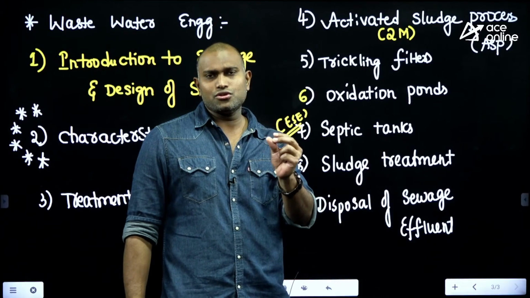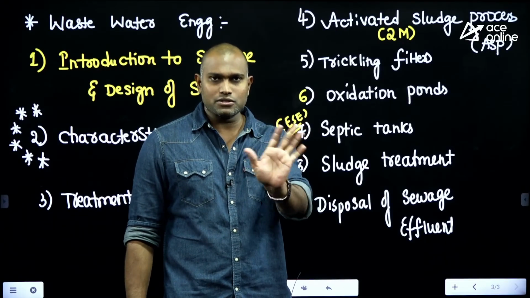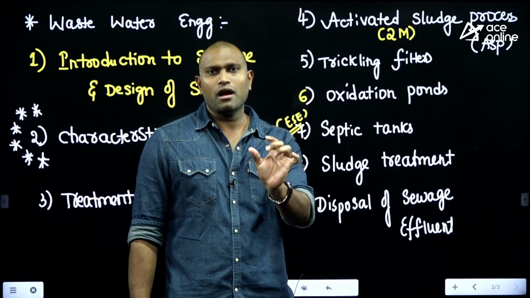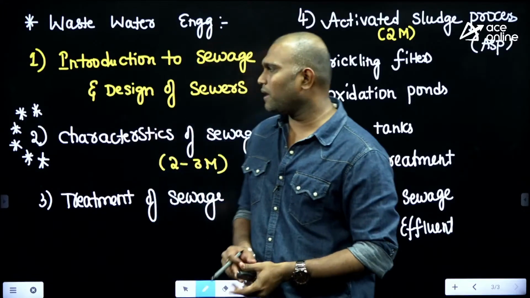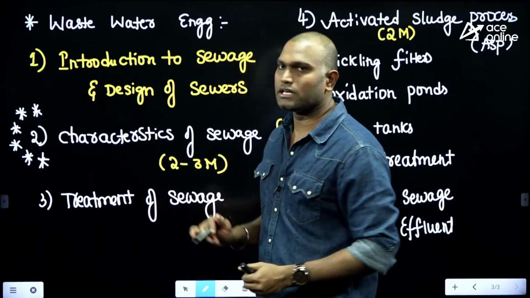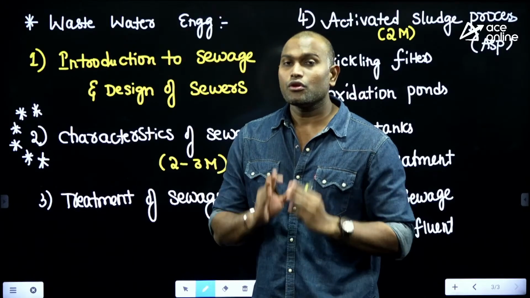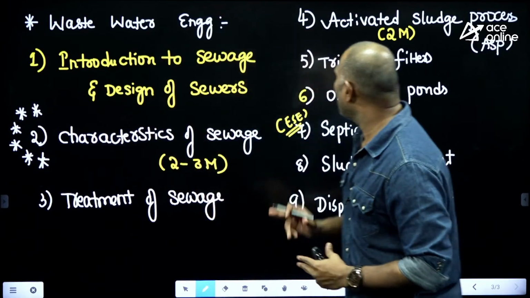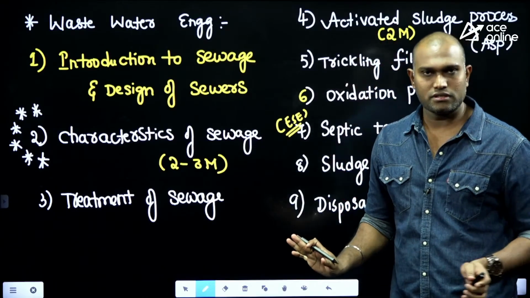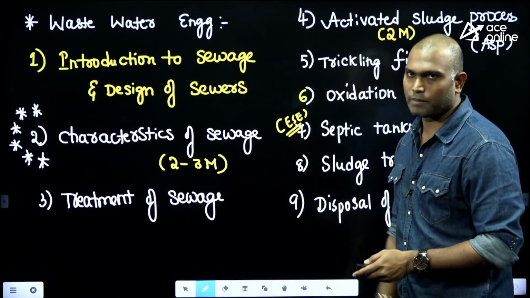But they are small topics, they are not big topics, don't worry. Very small, or the concept is very less. The conceptual questions will appear more from the characteristics of the sewage. So primarily, you focus in wastewater engineering on the characteristics of sewage and the activated sludge process. These are the 2 topics.